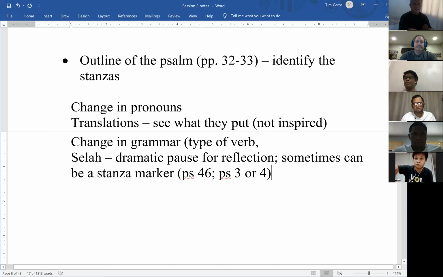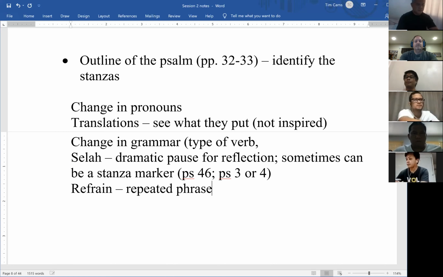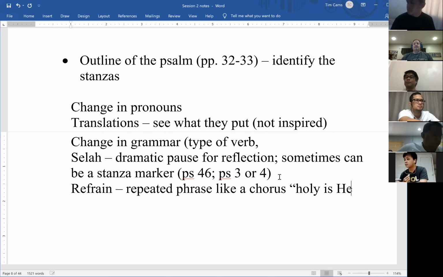Refrain. Do we see that in this psalm? That's a repeated phrase, like a chorus. Yeah, we have that in this psalm, don't we? Yes, three times: verse 3, verse 5, and verse 9, I believe. Correct?